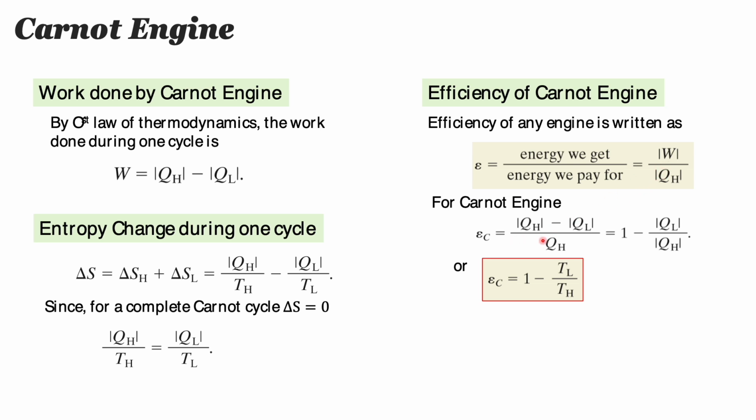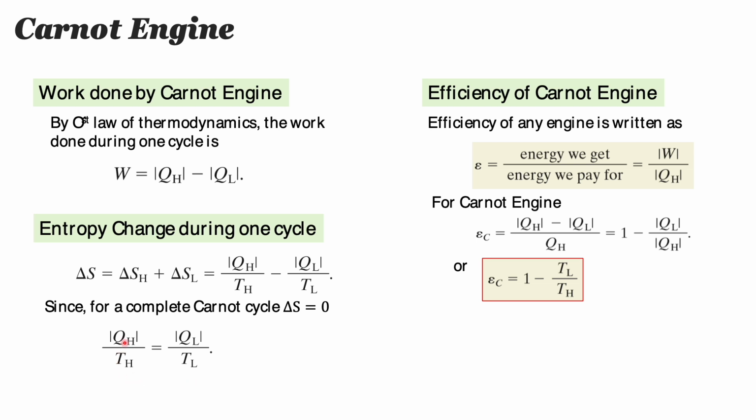It can be written like this because W from the second law of thermodynamics is expressed like this, and this is the QH as it is. So we can write it like this also: 1 minus QL over QH, and this is the efficiency of the Carnot engine, because QL here is the heat energy and QH is also the heat energy, and both of them are related by this equation for one cycle.